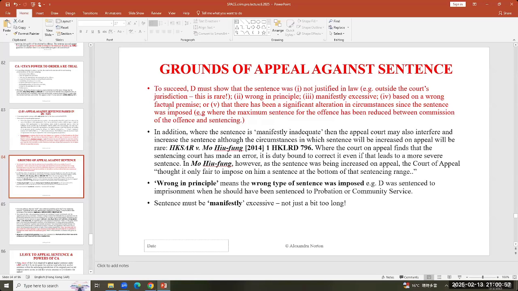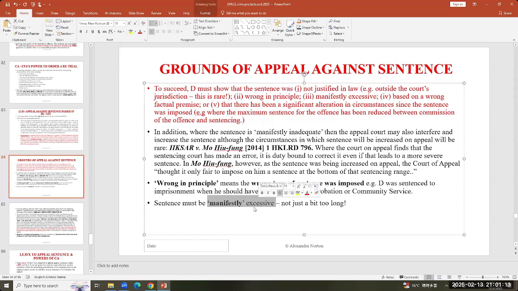Based on the wrong facts, the judge took irrelevant facts or wrong facts into account when he sentenced. Or the tariff has been significantly altered downwards since the time he was sentenced. So manifestly excessive, right? Not just a little bit high, because remember, a sentencing judge has a wide discretion. So in order to be manifestly excessive, it really has to be outside of the discretion of the sentencing judge.